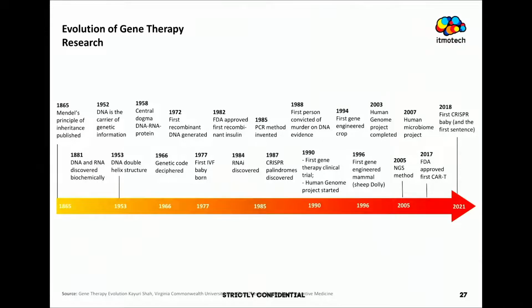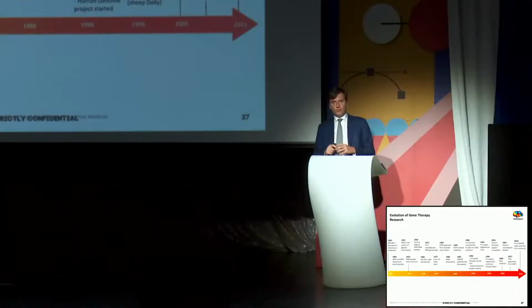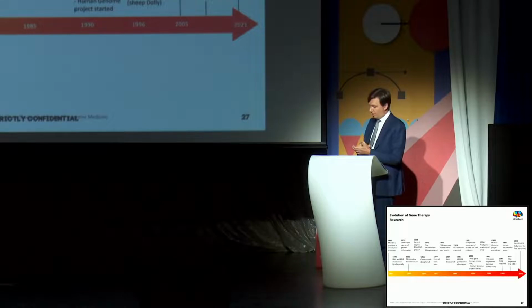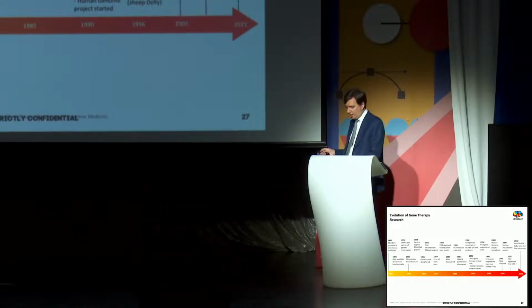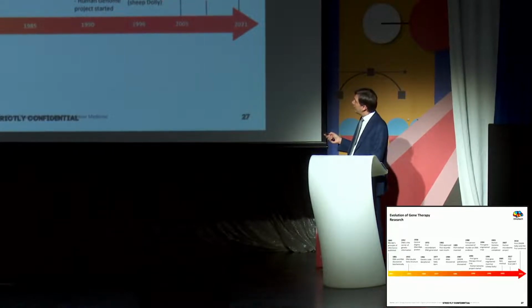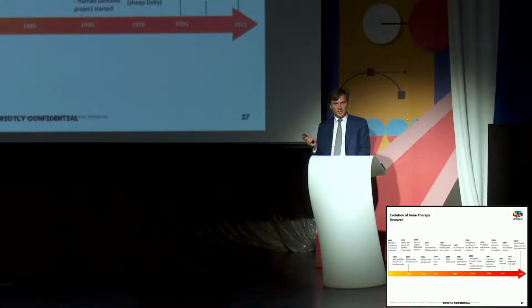In 1987, there was a discovery of the CRISPR palindromes. CRISPR is a technology within bacteria for them to fight off the viruses initially, so they had the mechanism to keep their genome intact. And then there were ways to create a gene-engineered mammal, so Dolly, you remember, 1996.